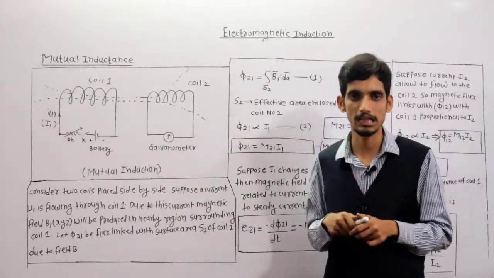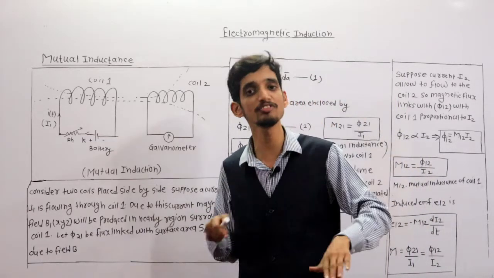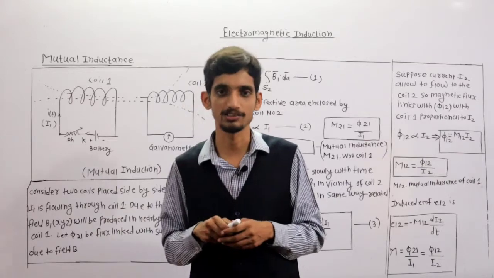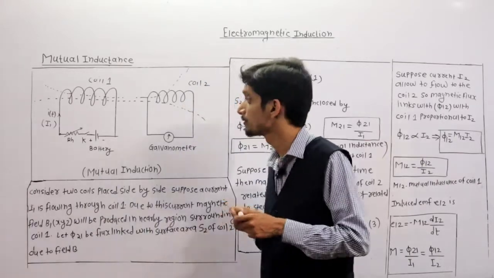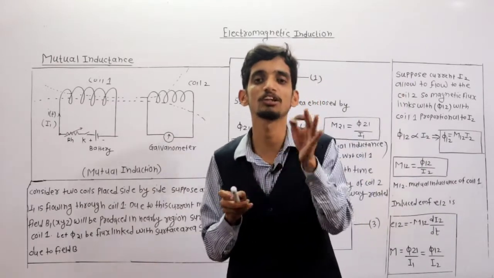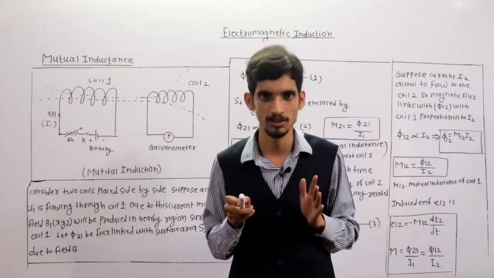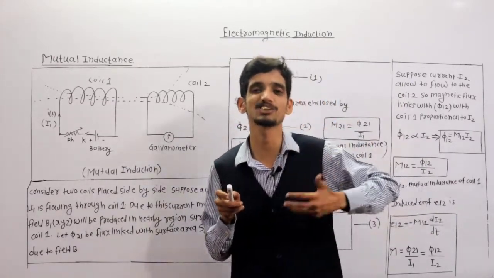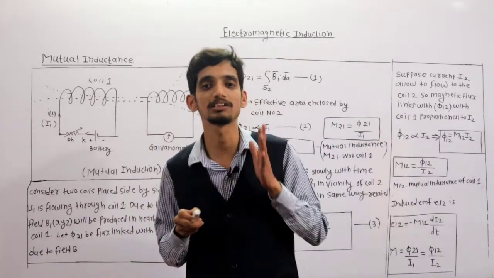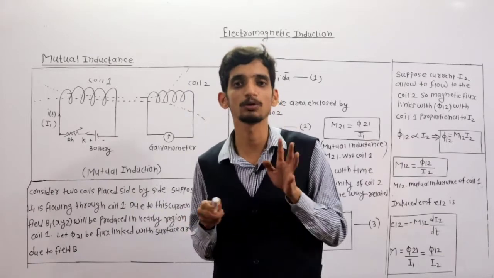As already we have discussed self inductance, likewise mutual inductance. Listen here now. Mutual inductance is related with more than one coil or more conductors, whereas self inductance was associated with only one coil. Here, more than one coil.